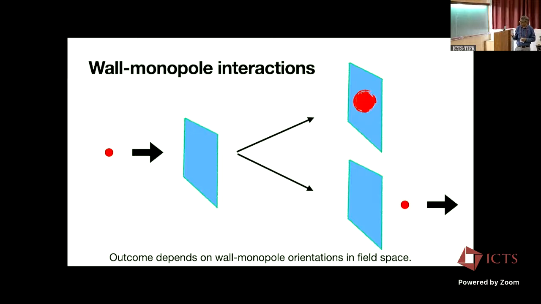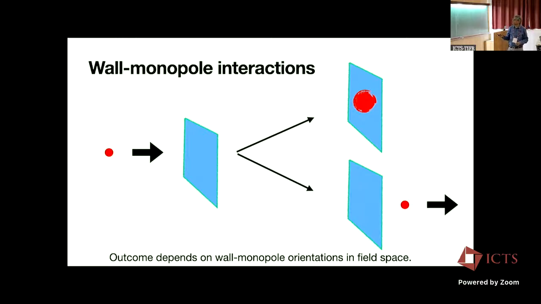Then the question arises in cosmology that if you have this transition, then you'll be forming both magnetic monopoles and domain walls. And the monopoles will be hitting the domain walls because the domain walls are moving, the monopoles are moving. And then the question is, what happens? One option is that the monopole just goes through the domain wall.